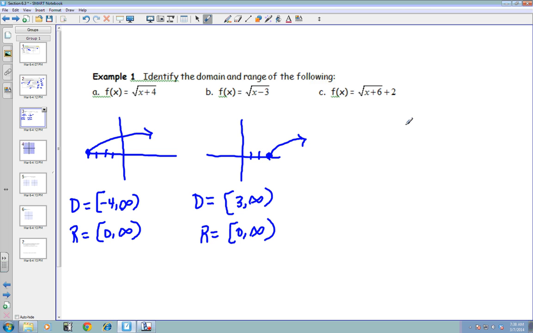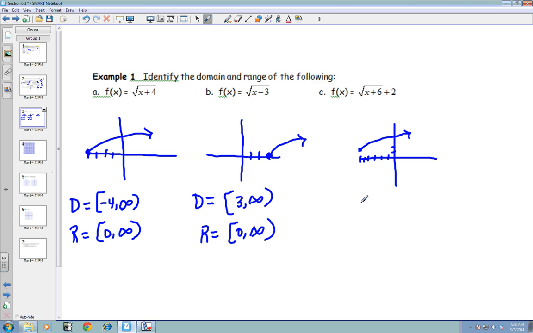Okay, this one has a vertical and a horizontal translation. This 6 underneath says I'm going to move it to the left 6, 1, 2, 3, 4, 5, 6, and up 2. So there's what that graph looks like. Shifted to the left 6, up 2. It doesn't have to be nice and neat right now.